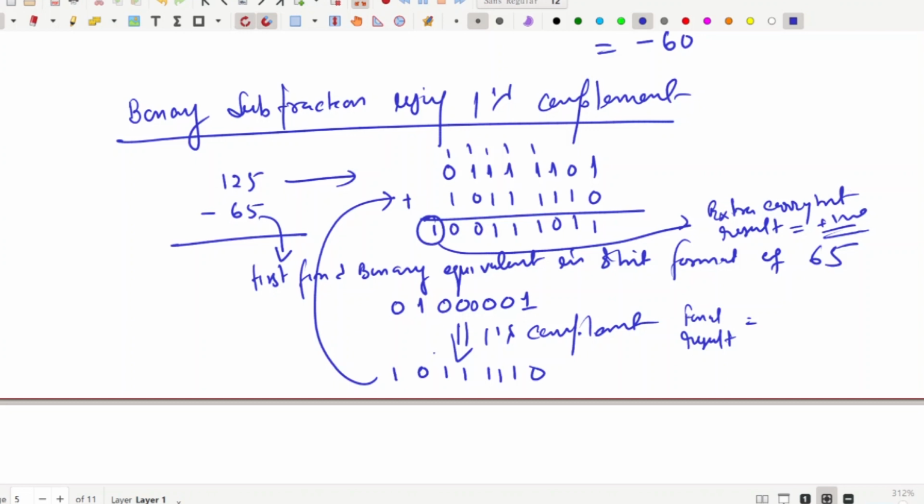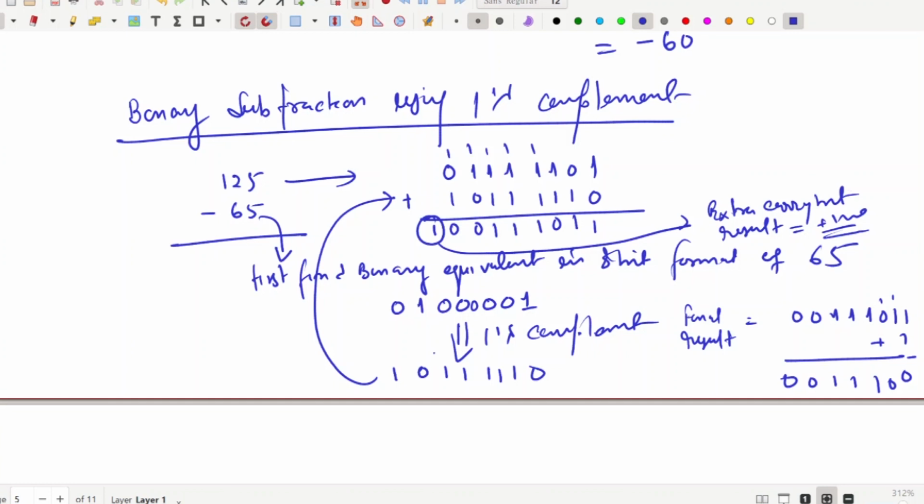This gives 1 1 0, then the carry goes here, then 1 1, again 0, carry goes, then 1 1 0 0, then 1 1 1 0, and so on, in 8 bits.